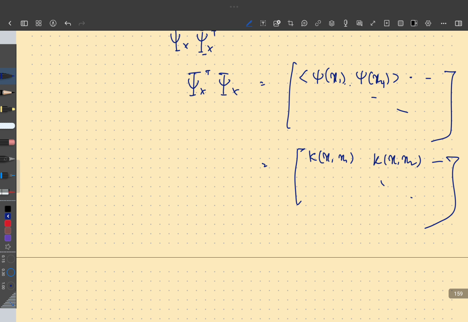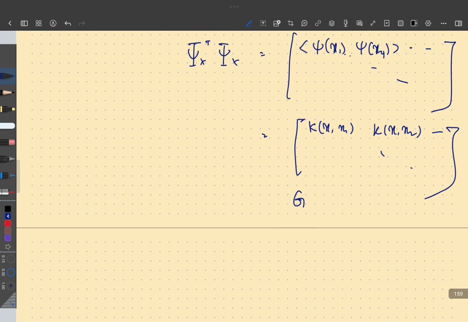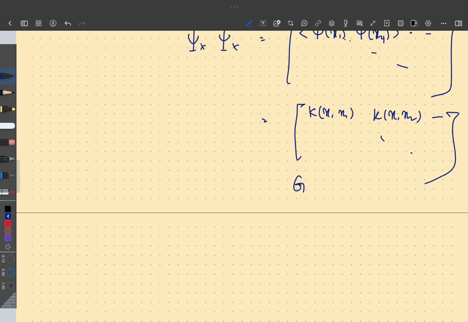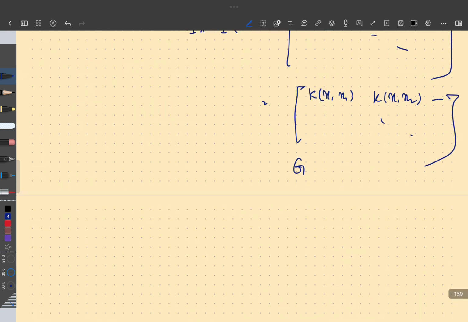This is just the Gram matrix. So I can now do the eigen decomposition of the Gram matrix and get the corresponding eigenvectors.